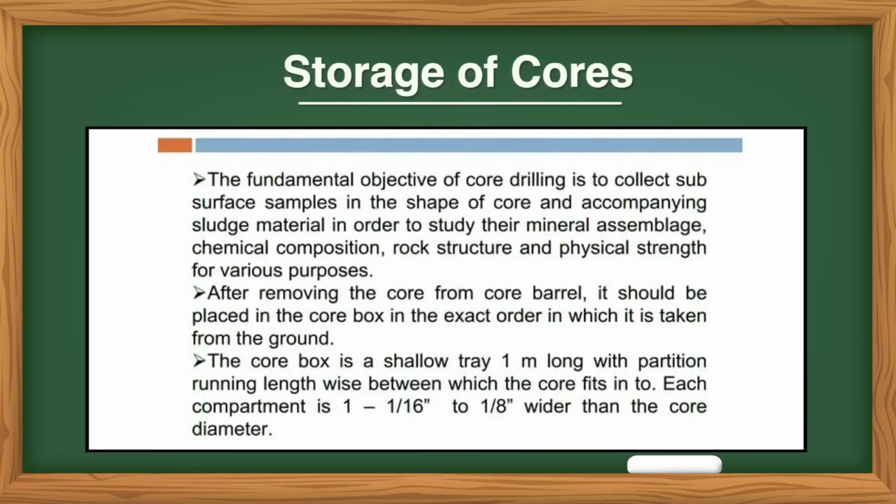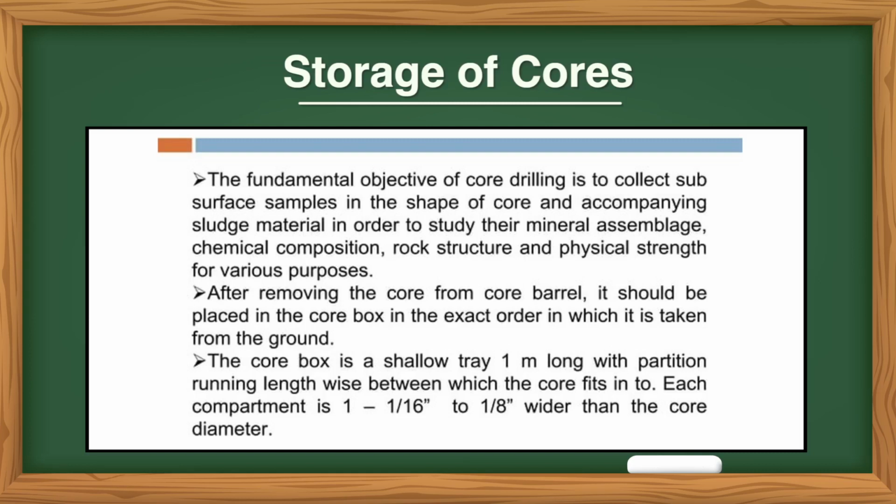Storage of core. The fundamental objective of core drilling is to collect subsurface samples in the shape of core and sludge material in order to study their mineral assemblage, chemical composition, rock structure and physical strength for various purposes. After removing the core from the core barrel, it should be placed in the core box in the exact order in which it is taken from the ground.